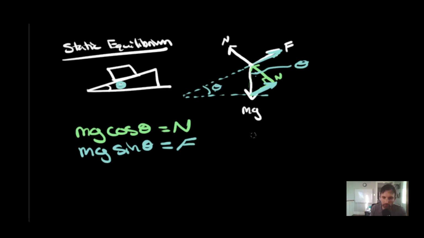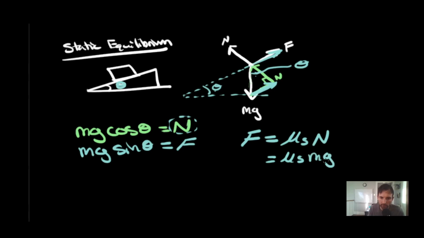And so that would be frictional force, which is going to equal the static coefficient of friction times the normal force, right? Which equals the static coefficient of friction, and we substitute in our normal force that we just saw, mass times gravity times cosine of theta. So now that's our frictional force. We have this relationship.